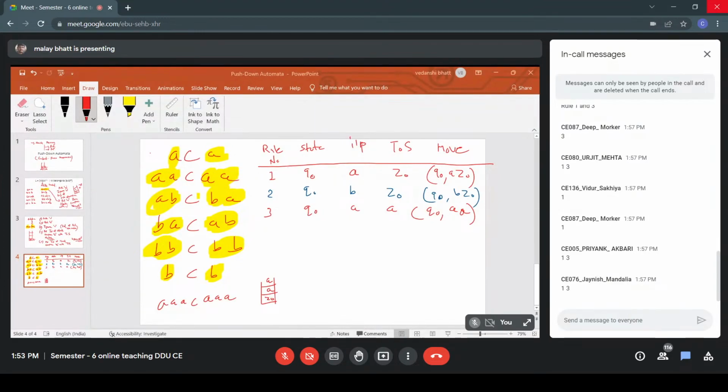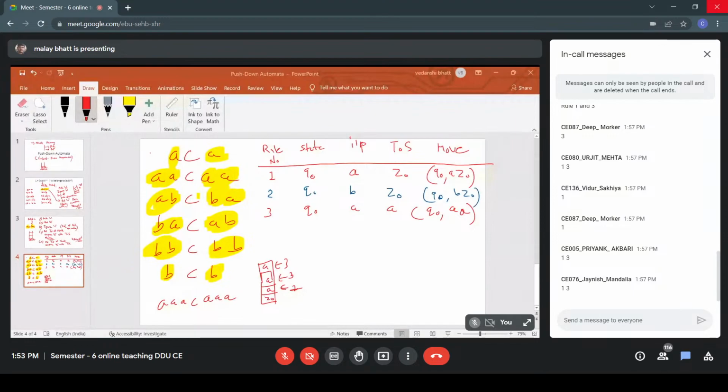We need both the rules, right? Because we have to push A first. So here it is rule 1. Here we will apply rule number 3. And again, we have a rule, we'll apply rule number 3. So now you can see that we are applying rule 1, and we are applying rule 3 two times, right?